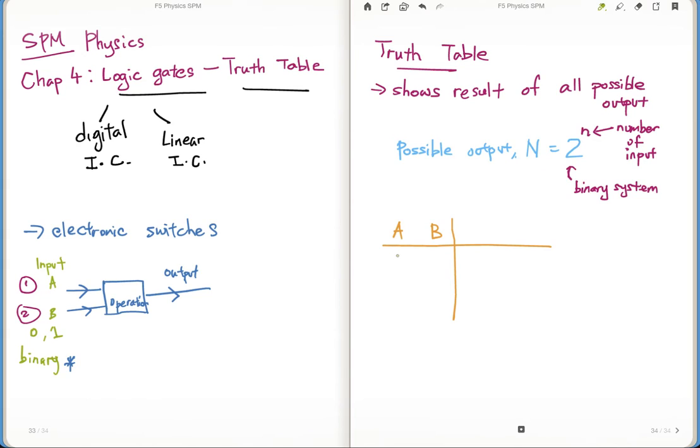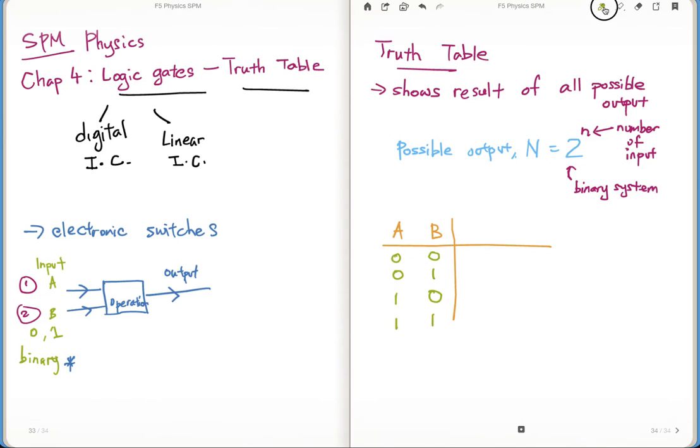The first one would be both off. The second would be one off, the other on. The third would be A on, B off. The fourth possible one would be both on.